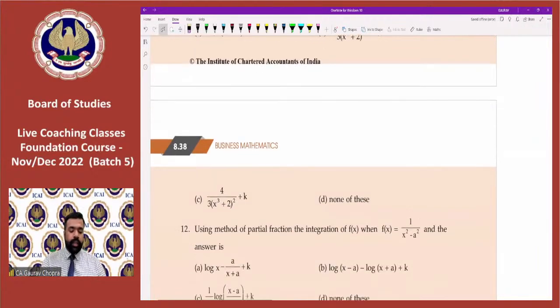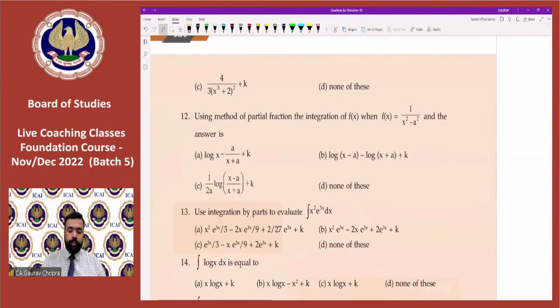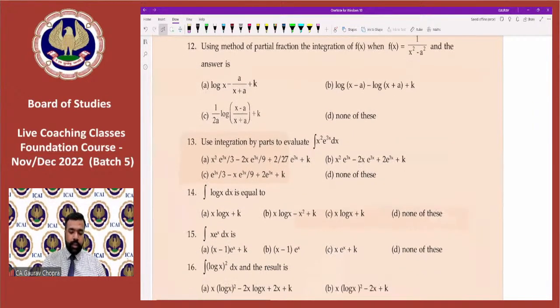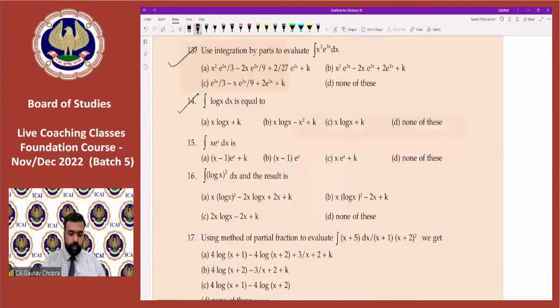For 11th, you can again apply the substitution method. 12 is partial fraction, we have not done, we will do in next class. Then integration by parts we have done, so you can try question number 13. 14 is very simple. You can try this. Fifteen is integration by parts again.